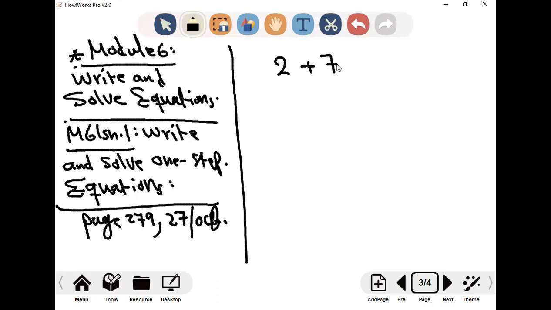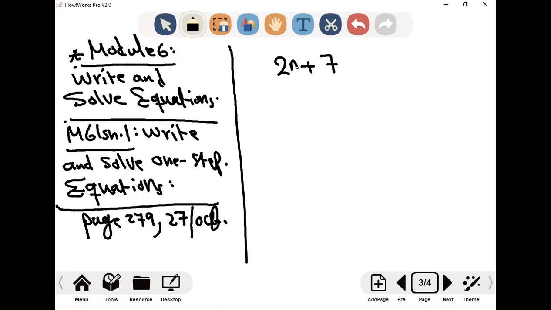Because it has numbers, all of it. Numbers 2, 7, right? A numerical expression. If I add a variable here like n, what do we call it now? Algebraic expression. And it has two monomials, remember? One term, one term.